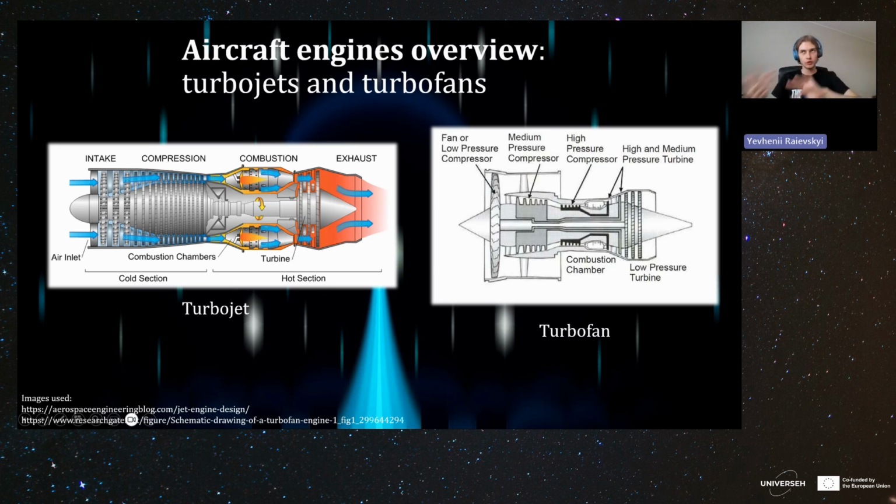So it's CO2, H2O, maybe some unburned fuel, and nitrogen which hasn't reacted. And after the combustion chamber, where of course the temperature is very high, pressure is also very high, this exhaust gas goes to the next section.